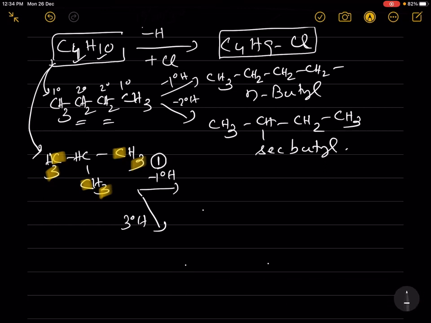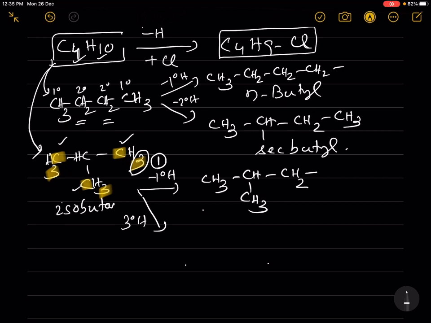So you can remove from here or here or here, no problem. You can remove the hydrogen atom from any primary carbon. So here you see 3, but here I have written 2. Then a bond sign will be given. So this is isobutane, and this is isobutyl.